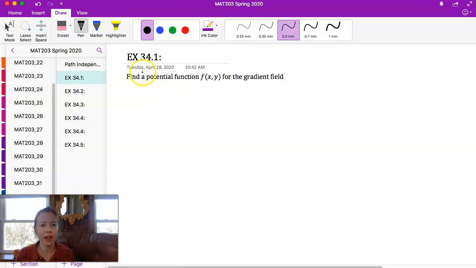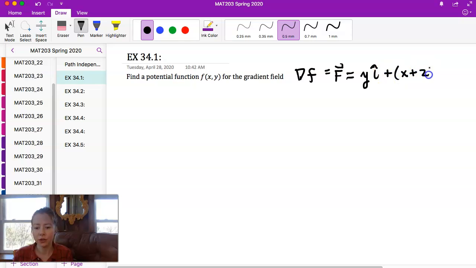So we are going to find a potential function for the following gradient field. So let's do it for grad f is y i hat plus x plus 2 j hat.